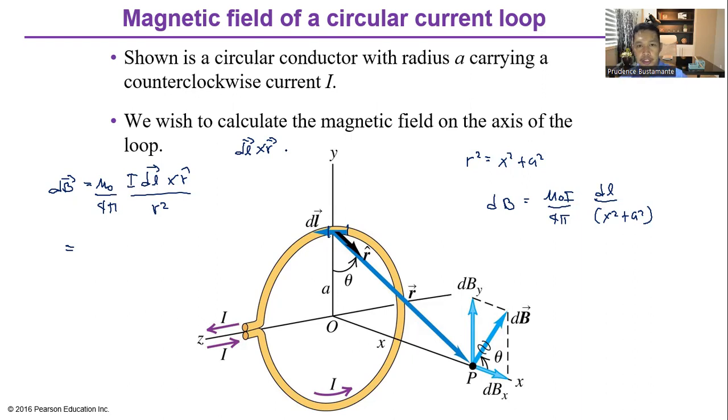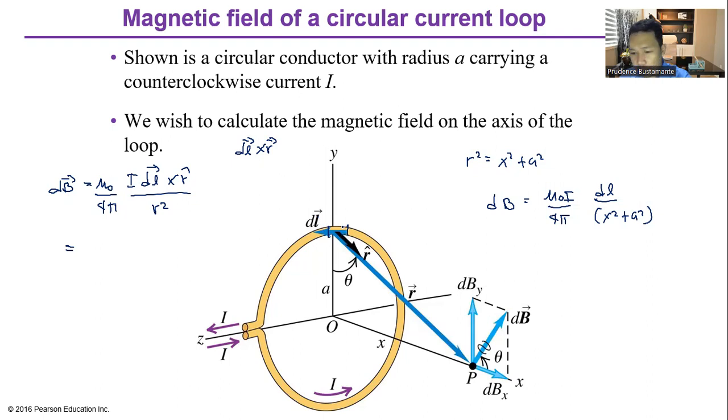We wish to calculate the field. So dl cross r is perpendicular to the figure, and the direction of this magnetic field is along this direction.